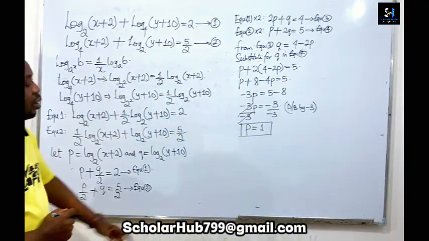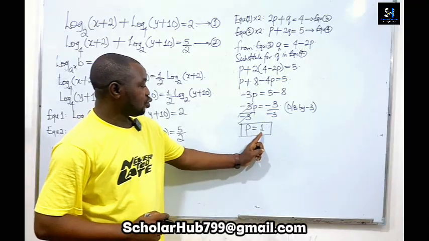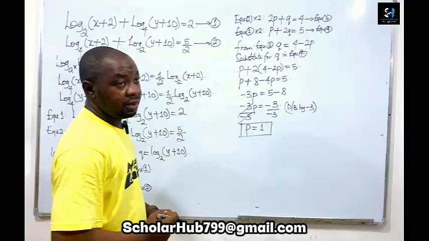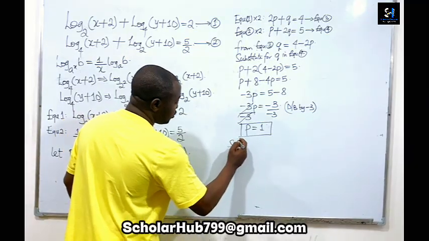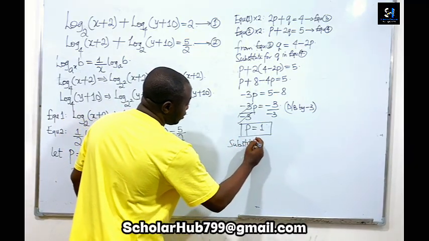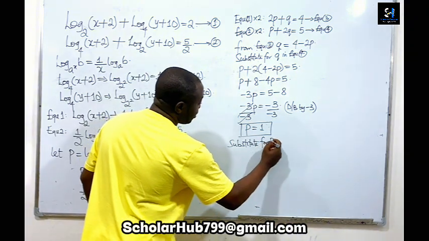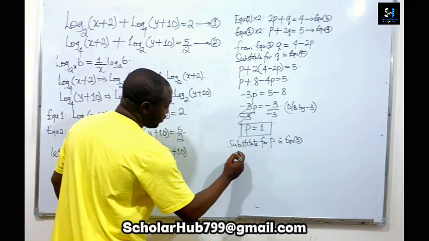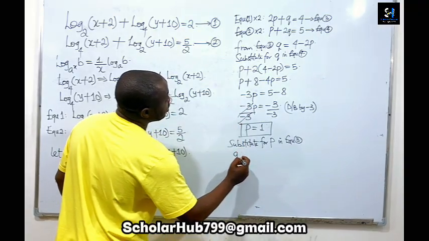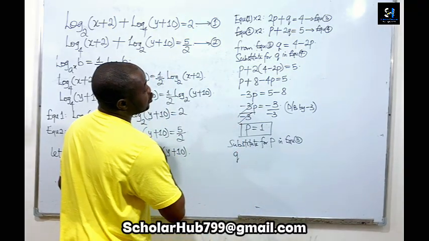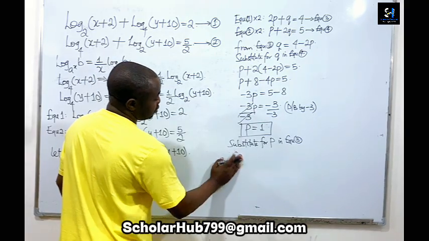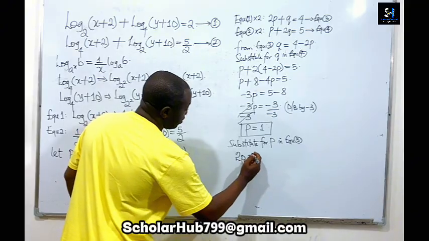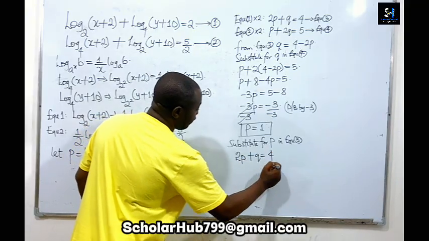Now to get the value of q, I'm going to substitute this value for p in equation 3. So we have equation 3 to be 2p plus q equals 4.